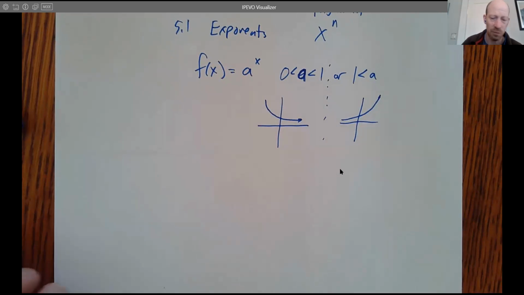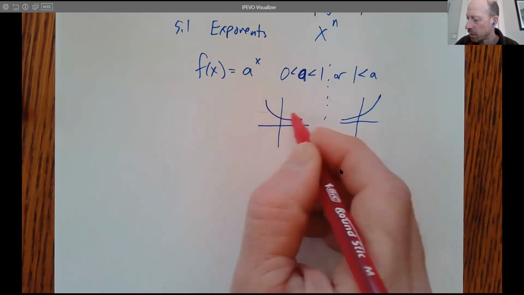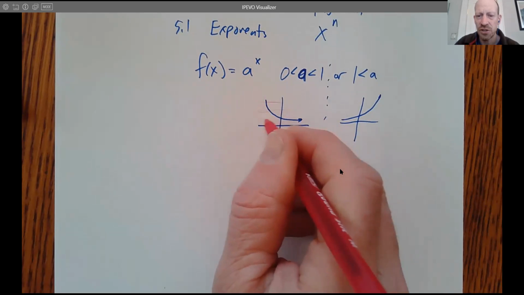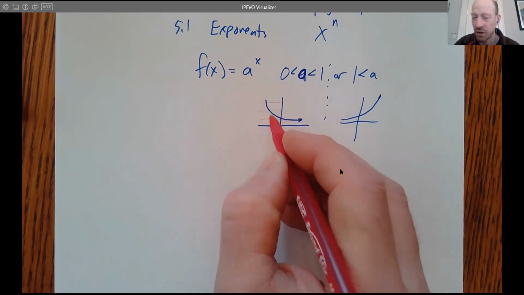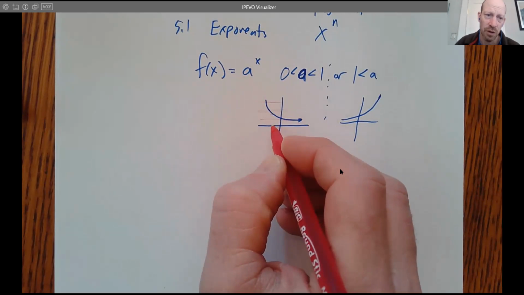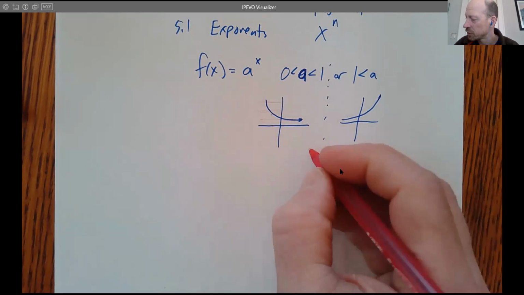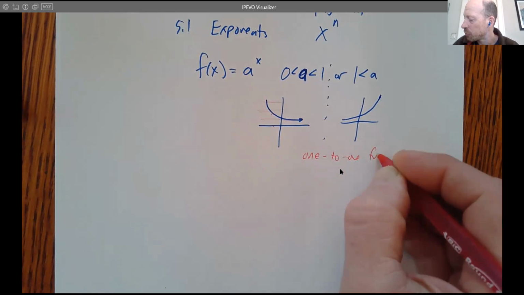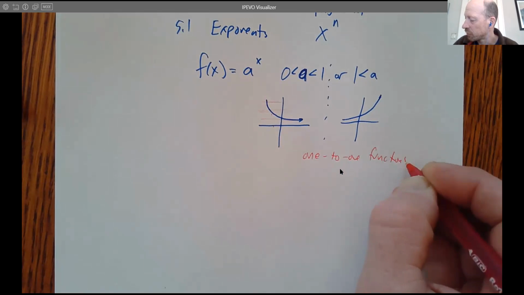One of the things we notice with these exponential functions is that they are one-to-one. Each input has a single output because it's a function, but each output comes from just a single input. So it's a one-to-one function. And you may remember that one-to-one functions have inverses.